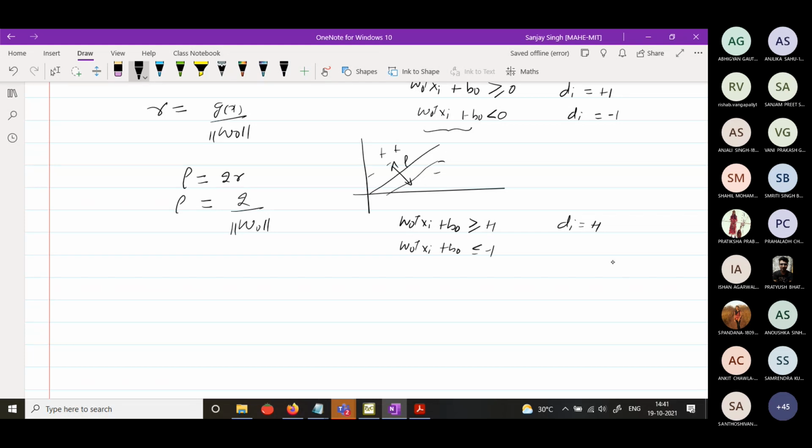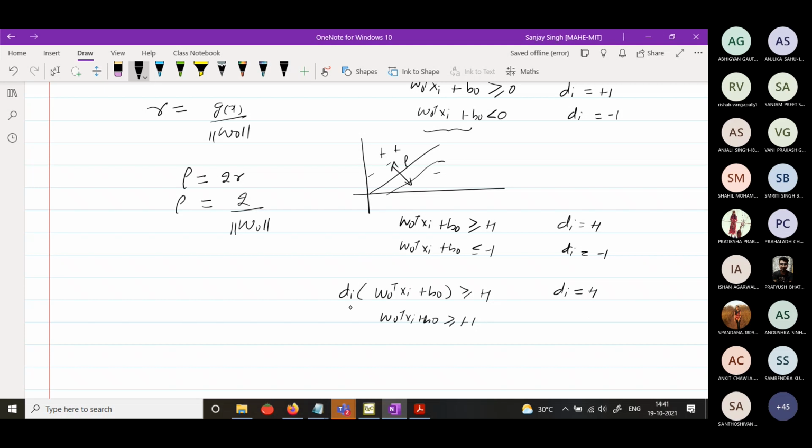Now if I want, I can combine these two constraints into one by writing di times (W0ᵀxi plus b0). Whenever di equals +1, it will become just W0ᵀxi plus b0 at least +1, no issue.